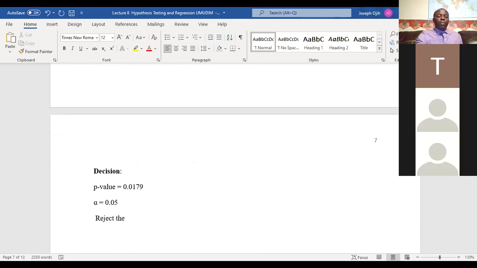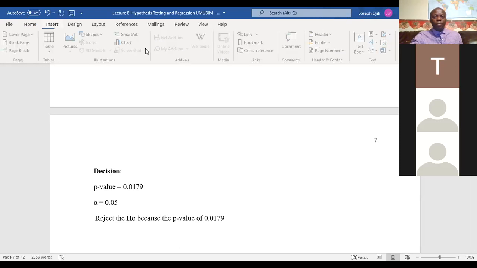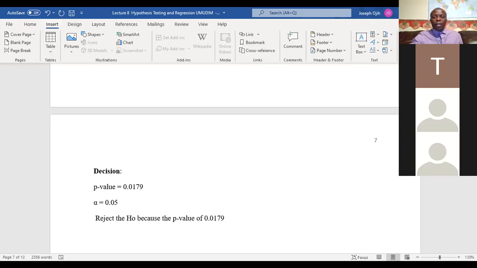the null hypothesis, which is H0, because the p-value of 0.0179 is less than the alpha of 0.05.